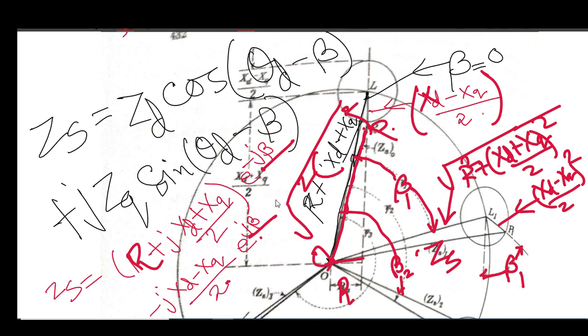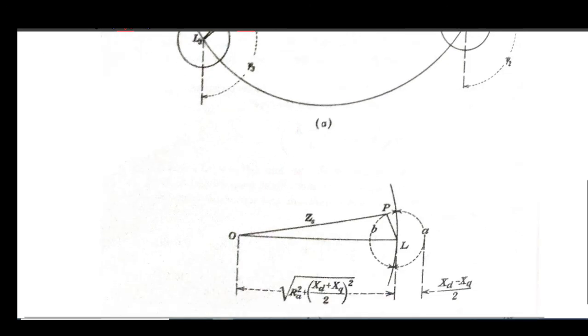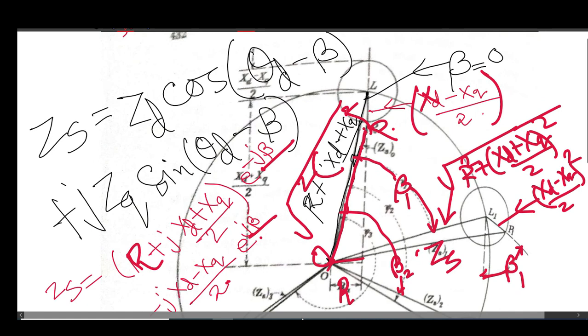The maximum value of ZS we have already established is approximately equal to XD, and the minimum value is approximately equal to XQ. Now, how to corroborate this in a physical system, and how to understand that it represents our physical problem.